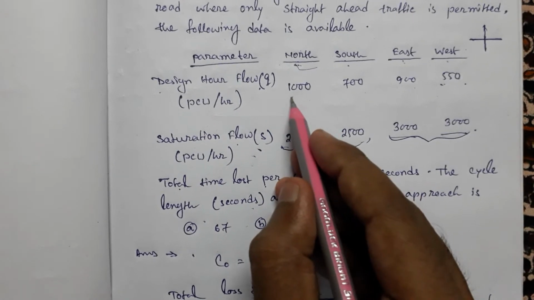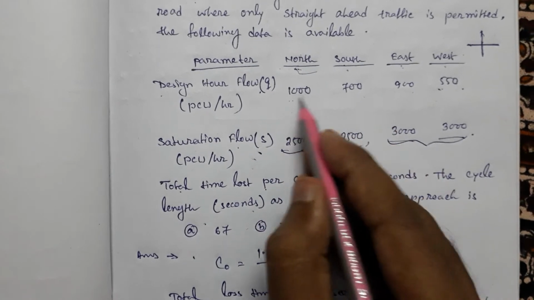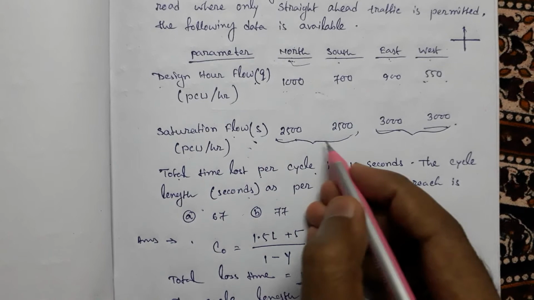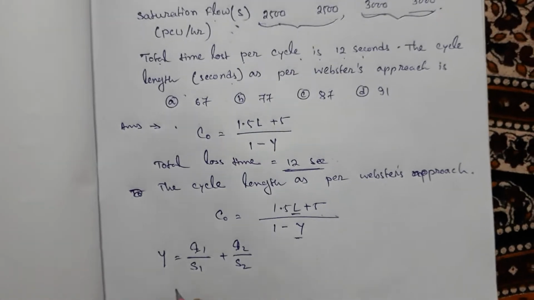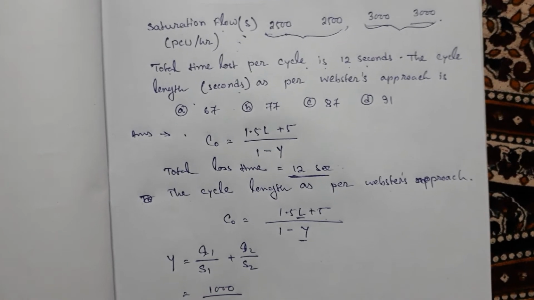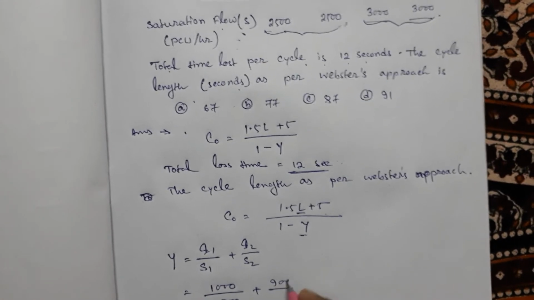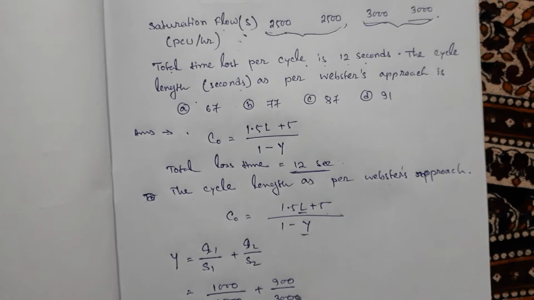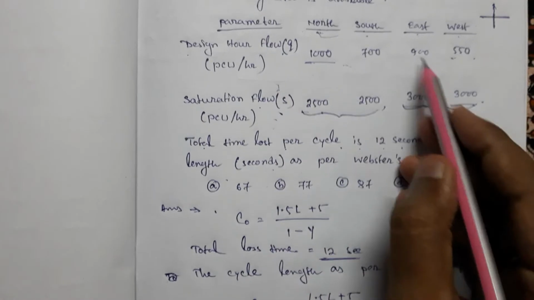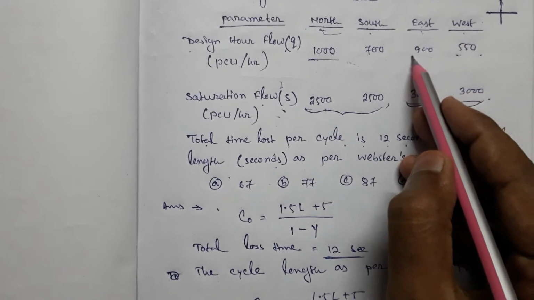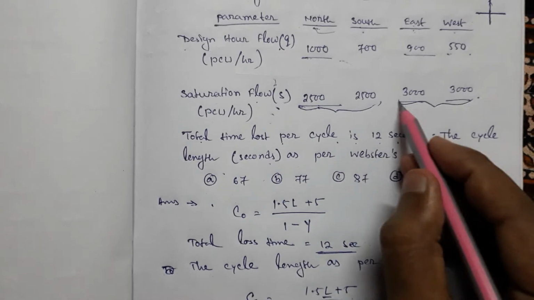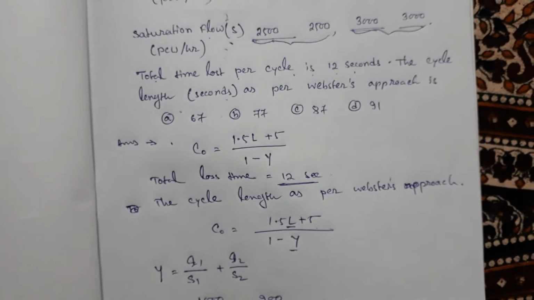So we take the highest value of these two. 1000 by 2500 and 900 by 3000. The highest value in the north-south direction is 1000 and in the east-west direction the highest value is 900, and these saturation values are 2500 and 3000.